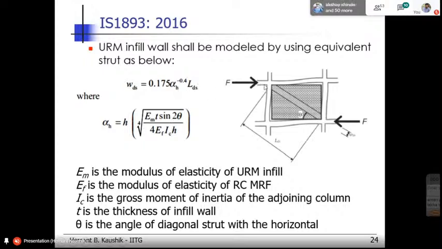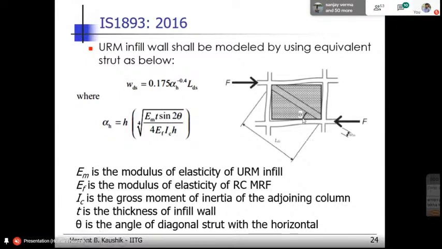And then the LDS. So LDS is the length of the diagonal strut, right? So this is same, but this factor is different in the code, right? So you have to compute these things. Here EM is the modulus of elasticity, T is the thickness of the wall, and theta is this angle, the angle that this diagonal strut makes with the horizontal.